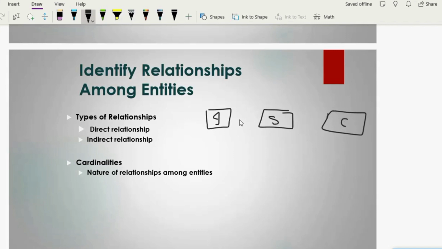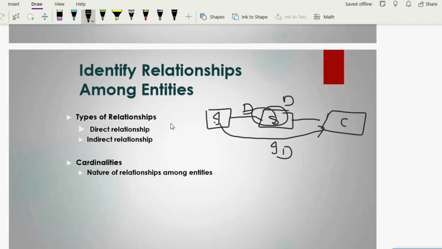The relationship between the inventory and sale is a direct relationship. The relationship between sale and customer is a direct relationship. This inventory is sold to this customer because of this event. So inventory has a relationship with the customer, but this is indirect. Like this, we have direct and indirect relationships, and we have to define them in the system.